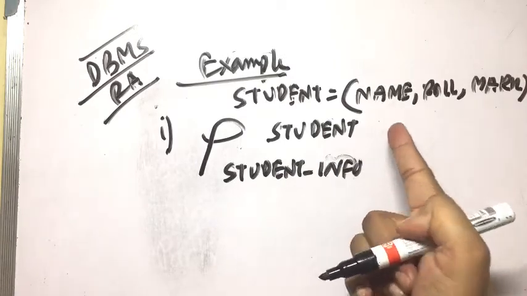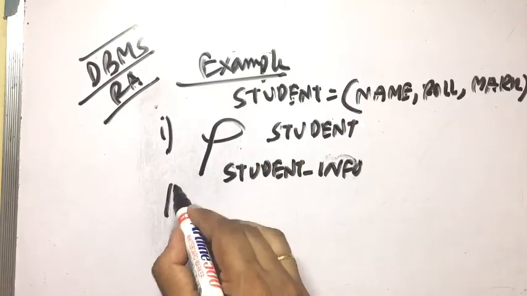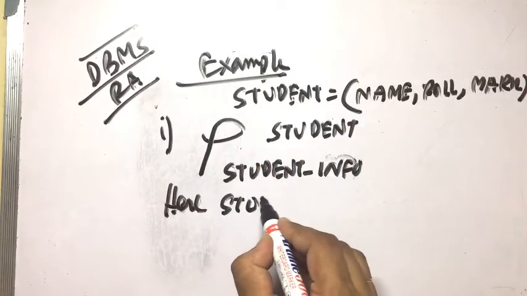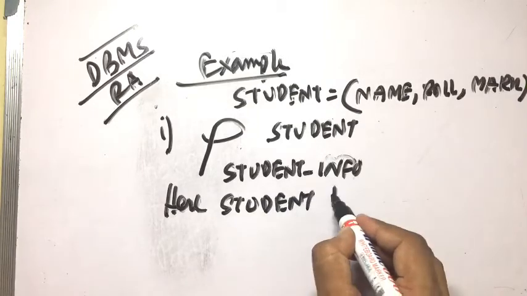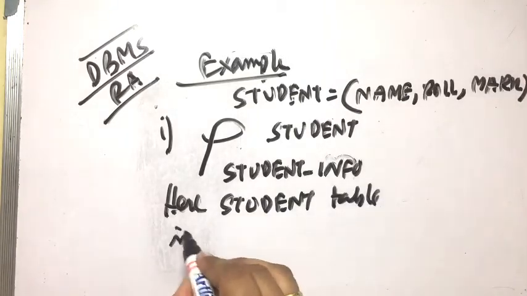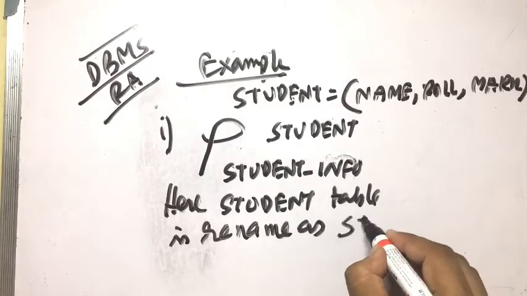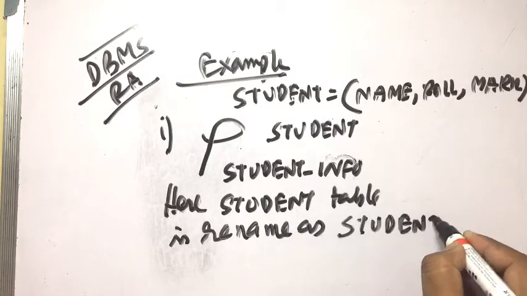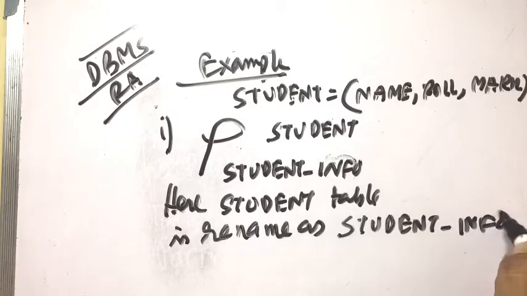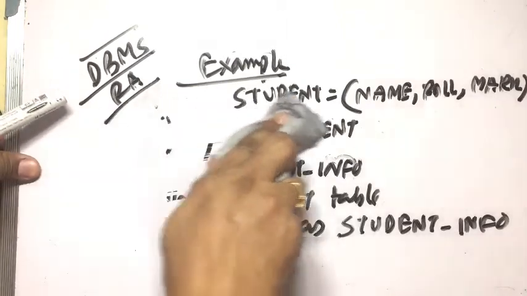The student table is renamed as student_info. This is the first syntax of rename.